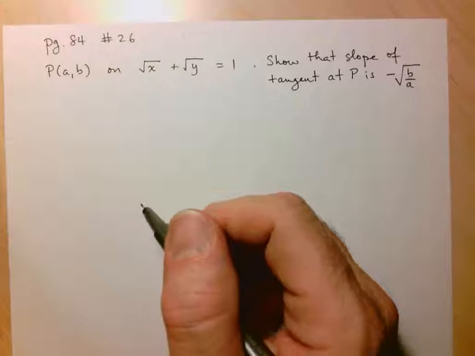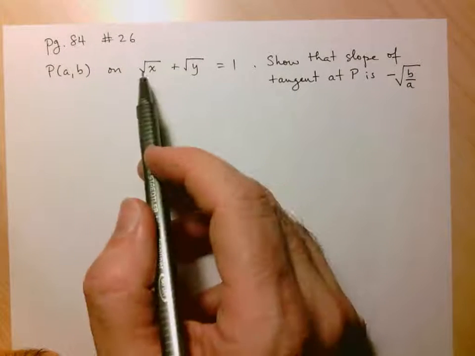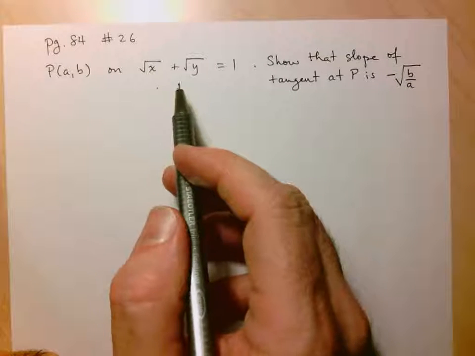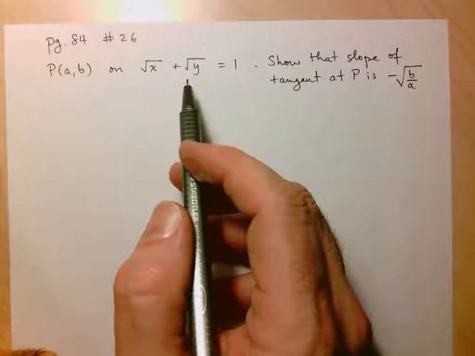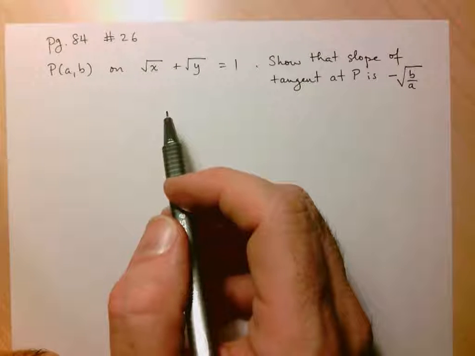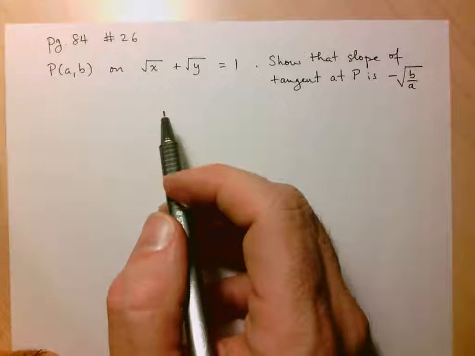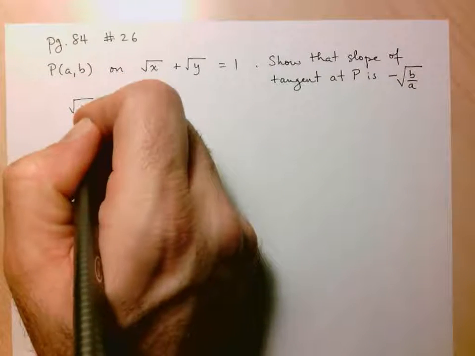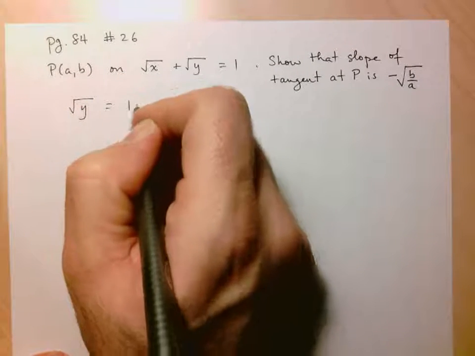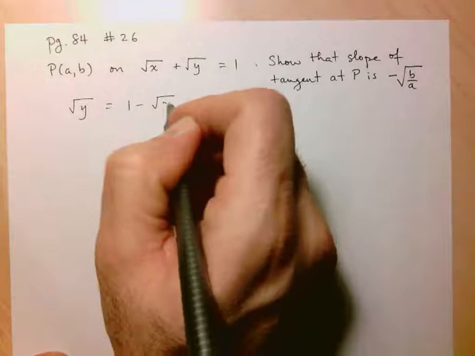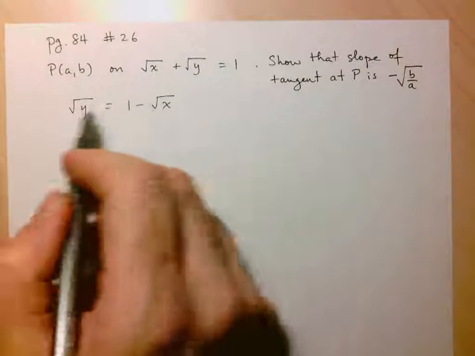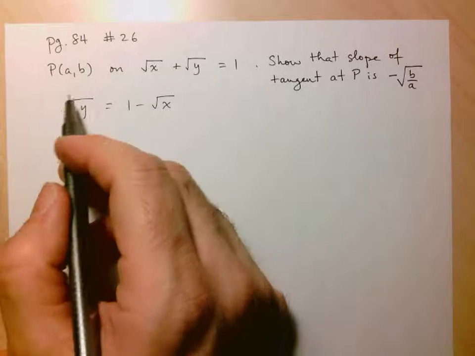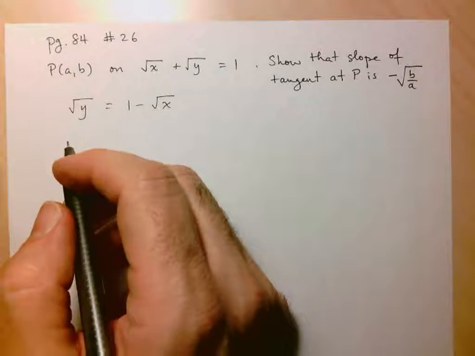Here we don't really know how to deal with an equation of this form. So we'll see if we can solve for y to put it in a more familiar form, where y is isolated. Here we'll keep root y on the left-hand side and bring root x to the other side, and I realize I can square both sides to get rid of the square root around the y.